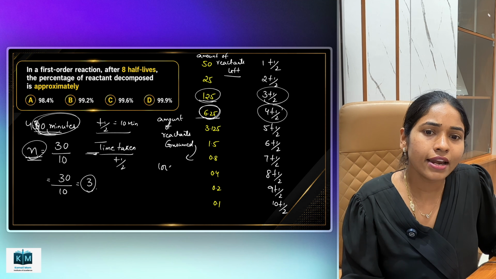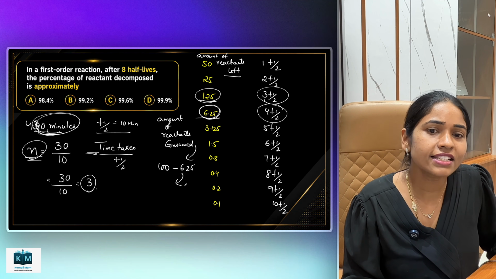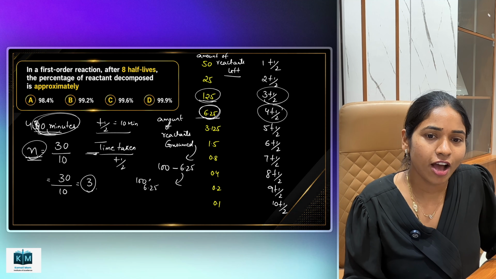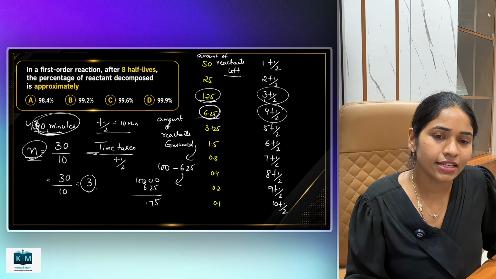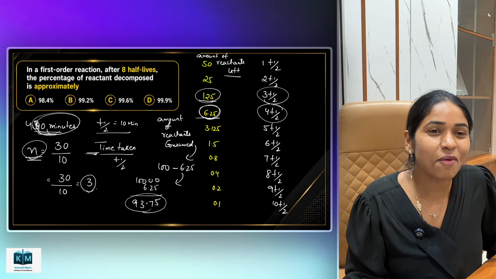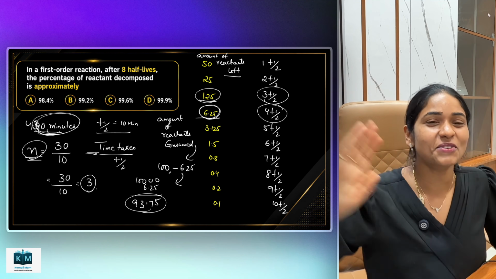Consumed means 100 minus this, because what remains is left and the rest is consumed. So 100 minus 6.25, how much will it be? 99 minus 6 is 93, so 93.75 moles of that substance is consumed.